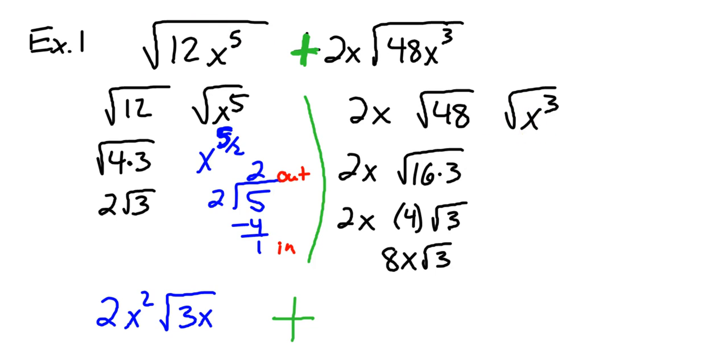The x to the 3rd, well, now you're going to take 3 divided by 2. So we divide 2 into 3, that's going to go one time with 1 left over. So we've got 1x that's going to go on the outside and 1x that's going to go on the inside.